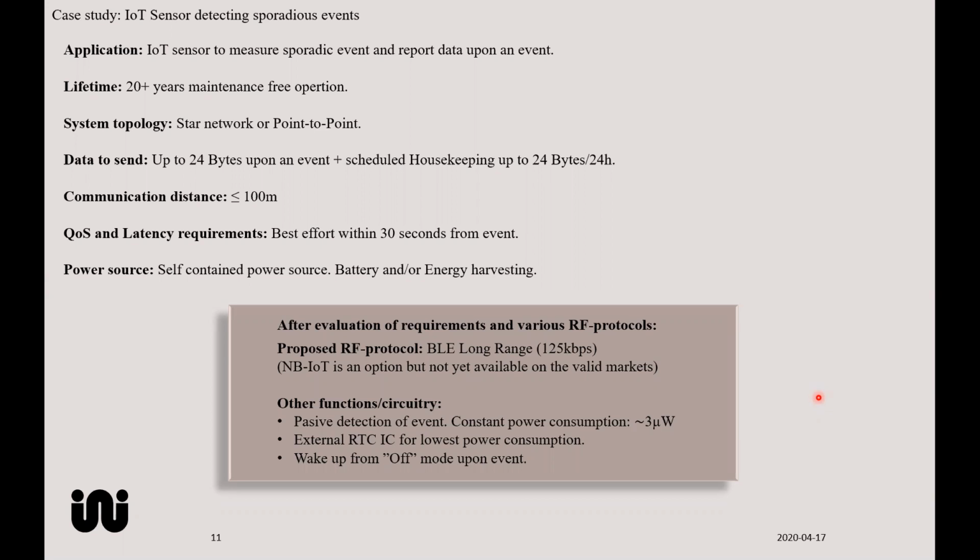Taking all this into consideration, especially the number of bytes to transfer, the operating distance, the star topology, and the power consumption, we concluded that BLE long range would be suitable. And this is the coded PHY version with the lowest possible bitrate, 125 kilobits per second.